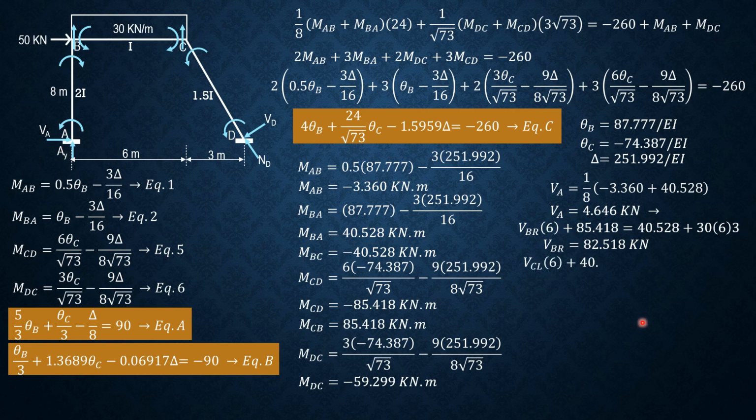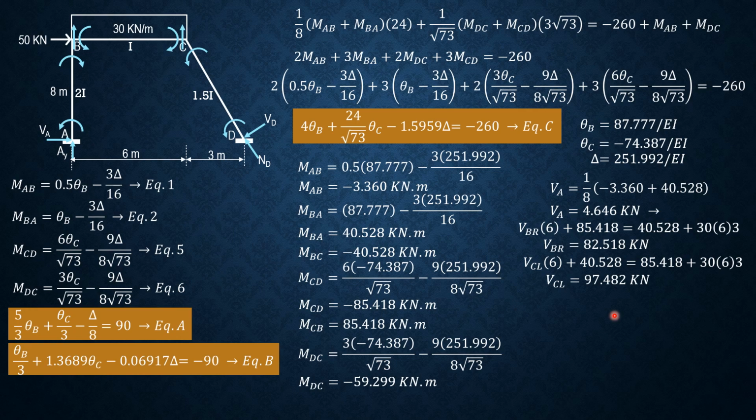Then shear C left times 6 plus MBC, 40.528, equals MCB 85.418 plus moment of the load 30 times 6 times 3. So shear at C just to the left is equal to 97.482 kilonewtons.